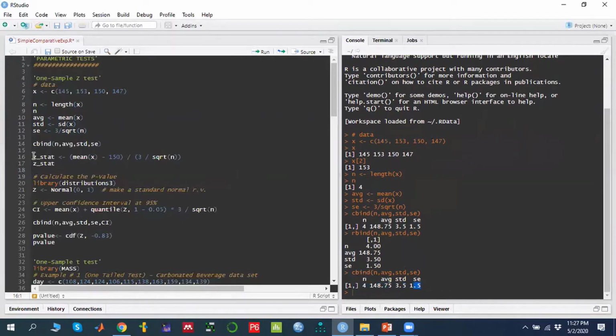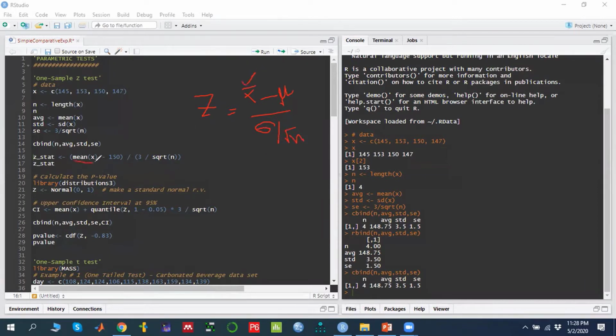So now I am getting n as well as average, standard deviation of the data as well as the standard error. The next thing, because I want to apply the one sample Z test, I need to compute the Z statistic. The formula for that is, you may know, Z is equal to x bar minus mu divided by standard error, or you can say sigma over square root of n. Right now, what is x bar?